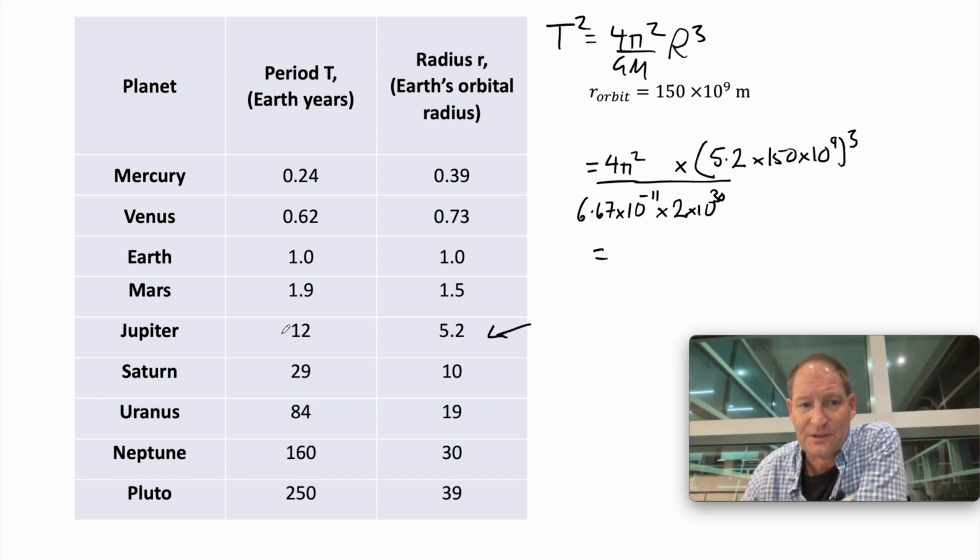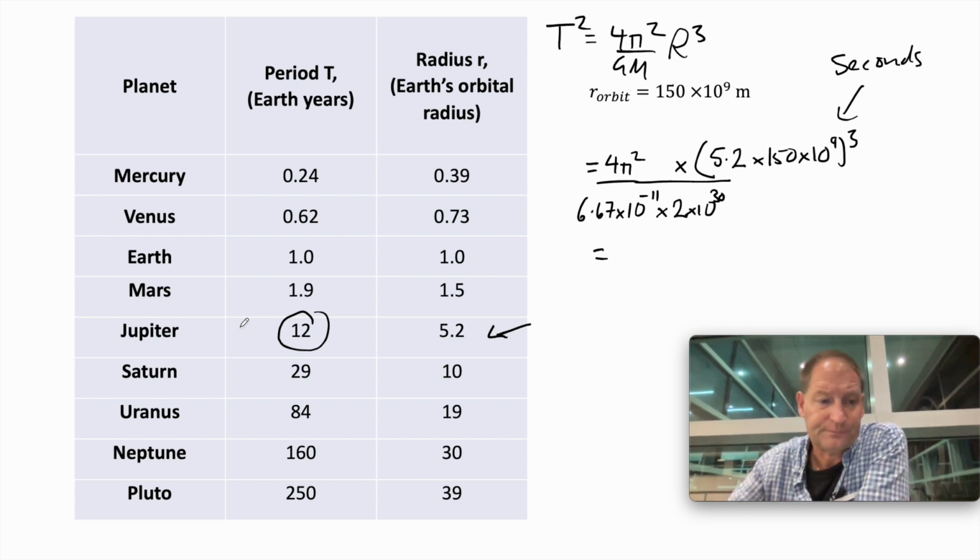And then you should find you get this. Now this is going to give you an answer in seconds. Okay, and you should find it is equal to 12 years in seconds when you work out the square root of that. You have to take my word for it.